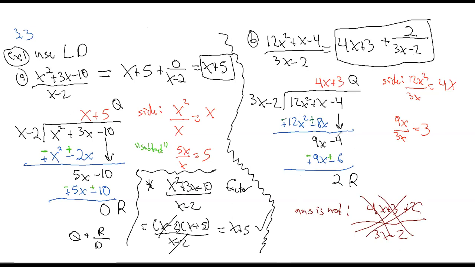Let's do one more that's a little beefier. C. This will be the last long division we ever do together. 4x to the 4th plus 6x minus 4x squared all over x minus 4.